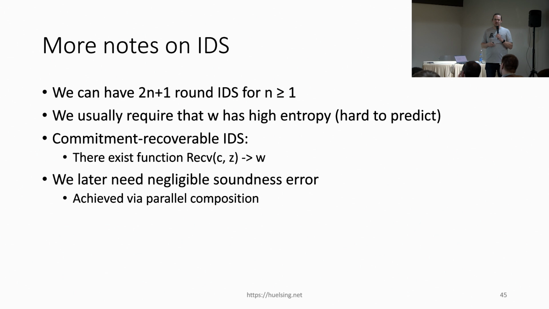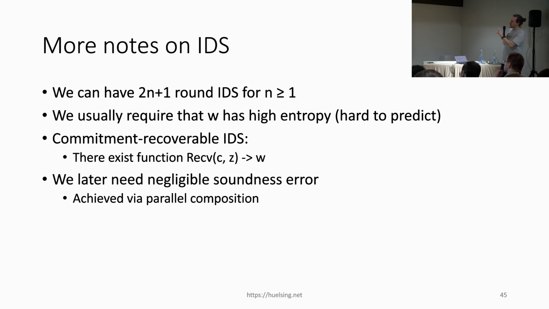I think the biggest one is 7 right now, but I think FeAST had 9, if I'm not mistaken. So this can get quite high. We usually require that this initial commitment message has high entropy, which means it's hard to predict. This is something that allows you to avoid having to put additional randomness in there if you later transform this into a signature scheme.